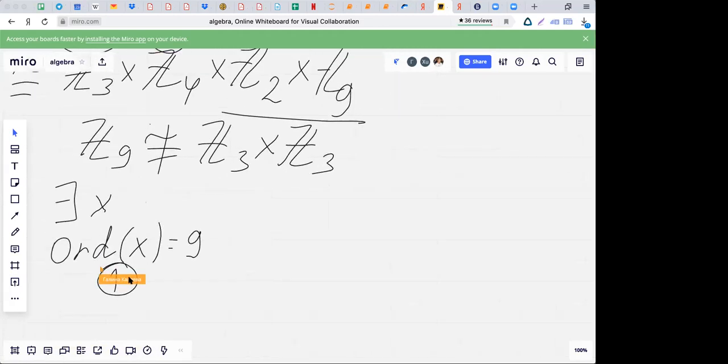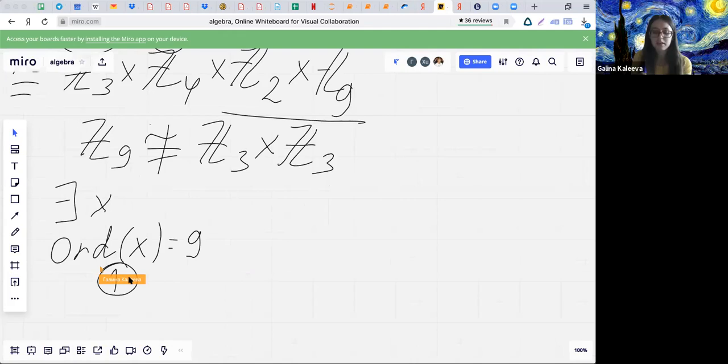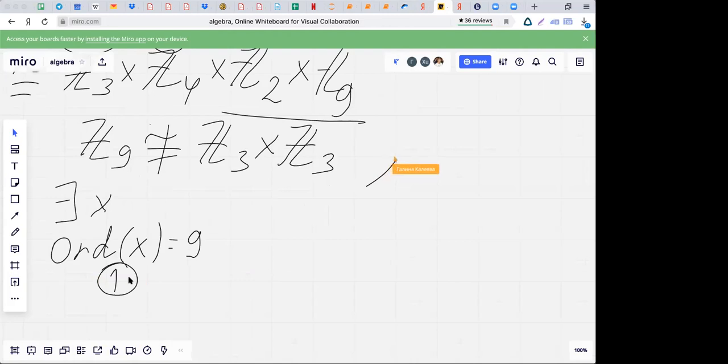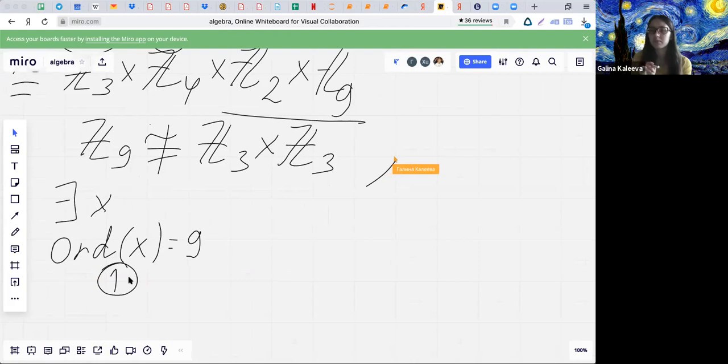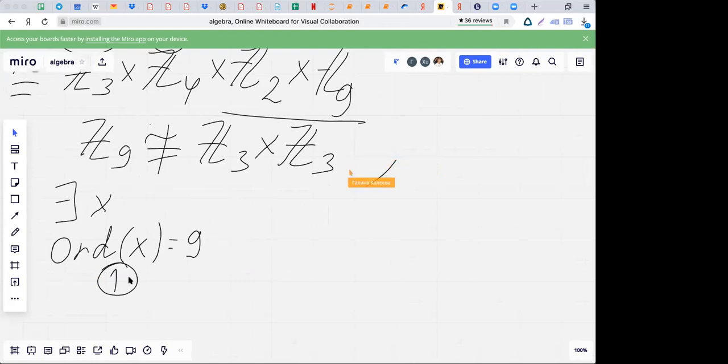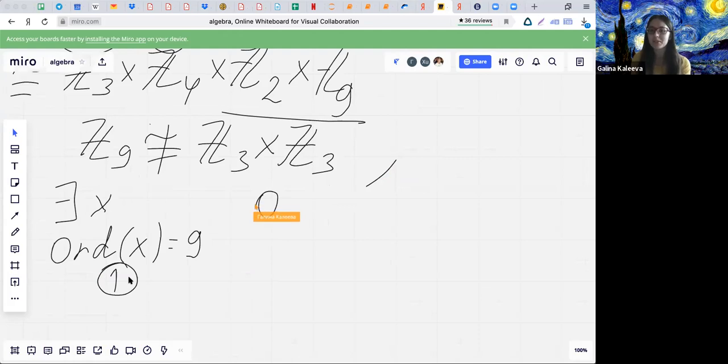And are there any elements of order 9 in Z3 times Z3? 0 has order 1, because 0 plus 0 is already 0.